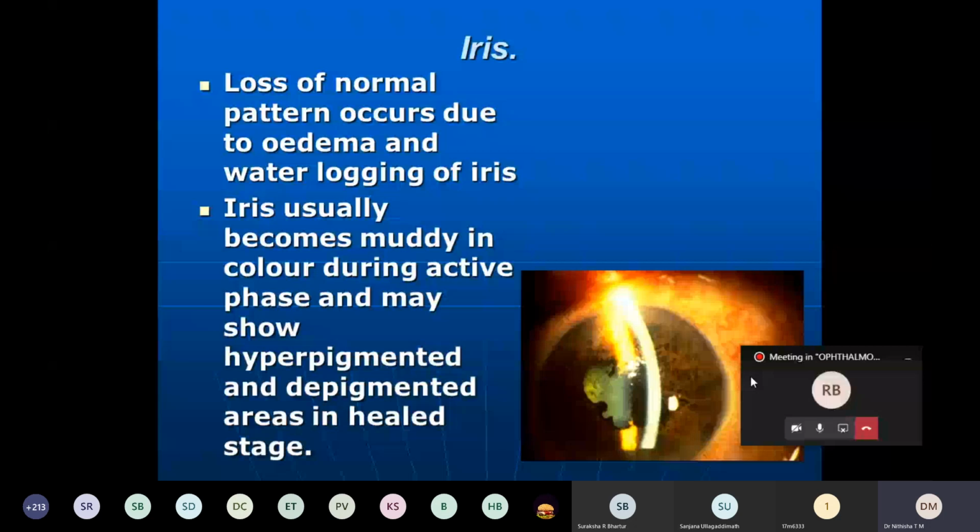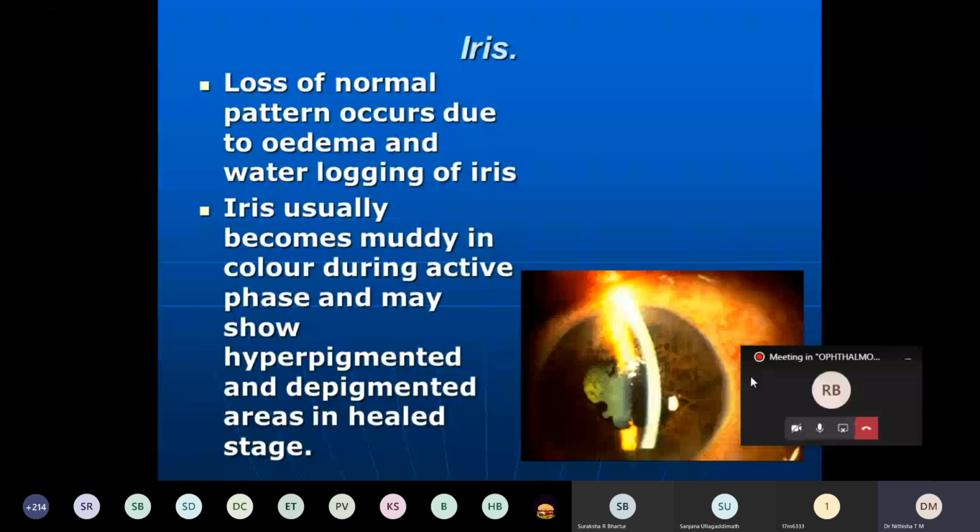Normally crypts and cryptations are present. In cases of iridocyclitis or acute uveitis, there may be loss of iris pattern. You cannot see crypts and cryptations, and the iris becomes more muddy in appearance.